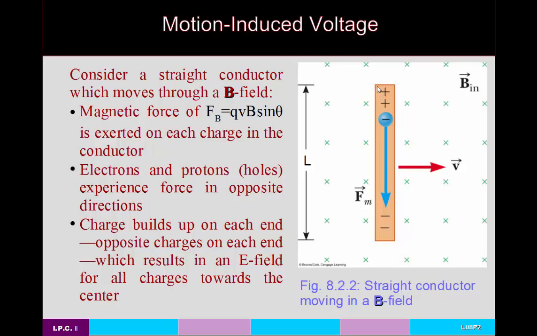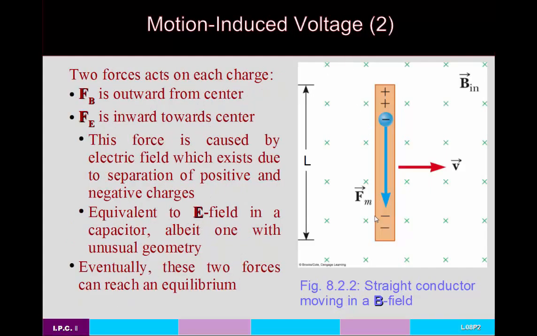What basically happens when you have one of these conductors moving through the magnetic field is that because the magnetic field force is in different directions for the two, you'll tend to build up positive charges on one edge of the conductor and negative charges on the other edge of the conductor. And so what that results in is an E field within the conductor, pointing of course from all the positive charges to all the negative charges. Again, just like in the Hall effect.